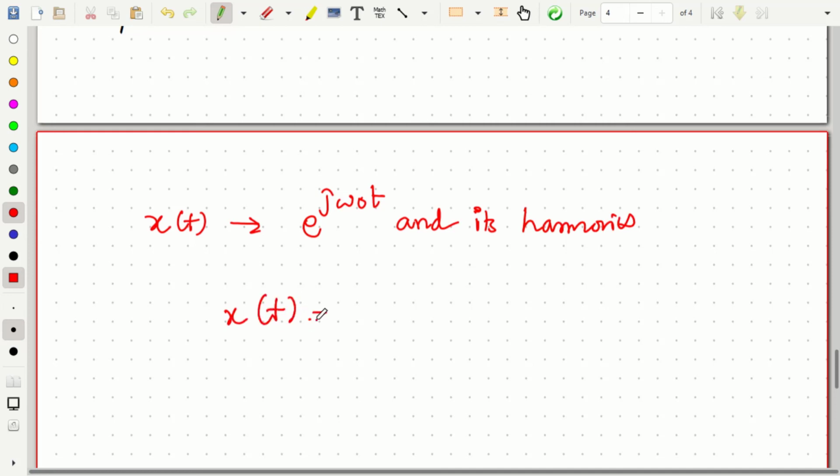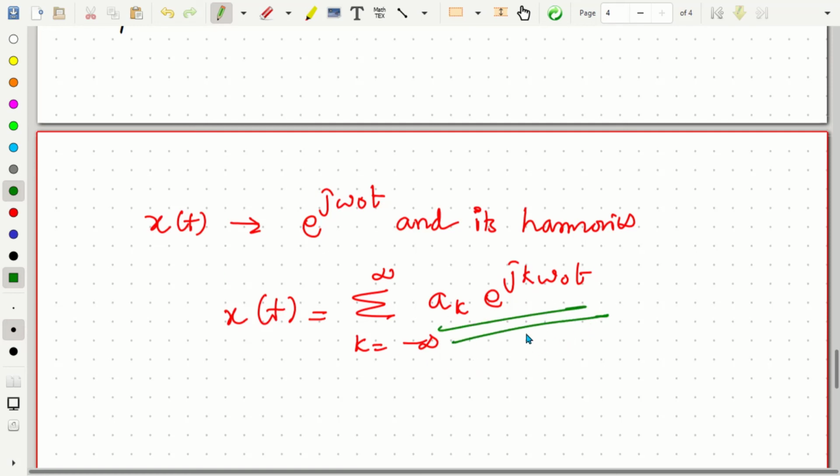X of t is equal to summation k equal to minus infinity to plus infinity ak into e power j k omega 0 t. The heading is continuous time Fourier series. Where is the series? The series on the right side of the equation is known as the continuous time Fourier series. It says that you can express the signal x of t as a series.